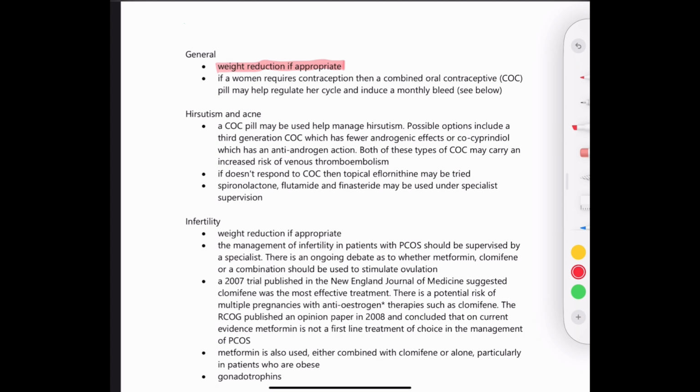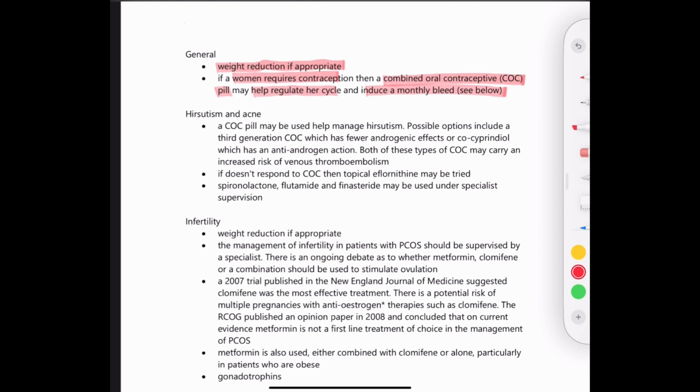If a woman requires contraception, then a combined oral contraceptive pill may help to regulate her cycle and induce a monthly bleed. Okay. So sometimes that person needs to take oral contraceptive pills just to regulate her cycles and to get the bleeding monthly, right?